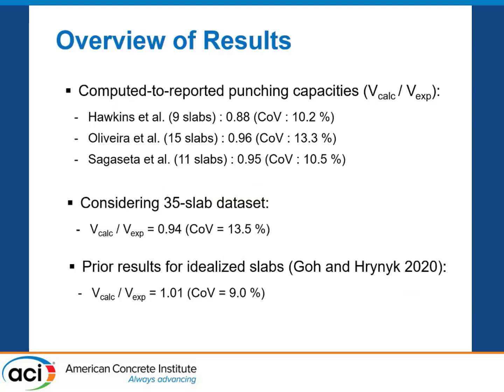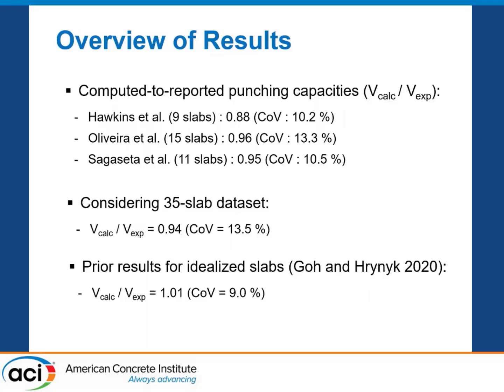When you take a look at these things in all, Hawkins, Oliveira, Sagaceta, Series 1, Series 2, you can see none of them were horrifically bad. Hawkins was the worst. But they all had reasonable coefficients of variation, and they seemed to provide estimates that were in line with what was observed experimentally.